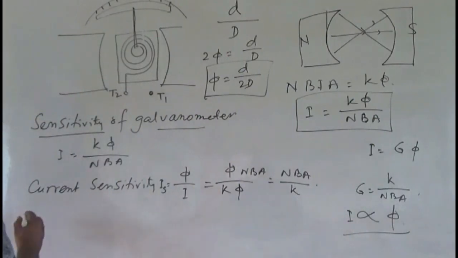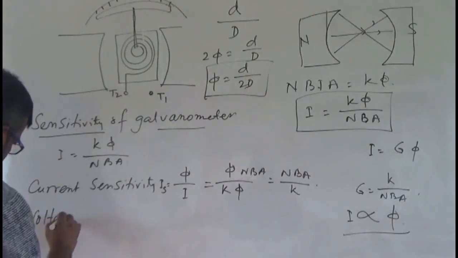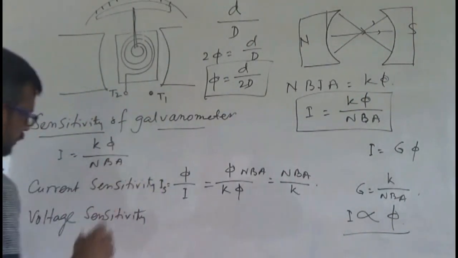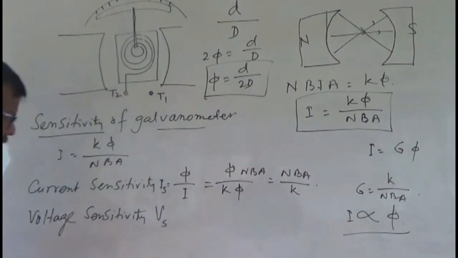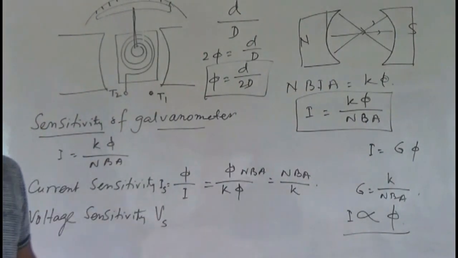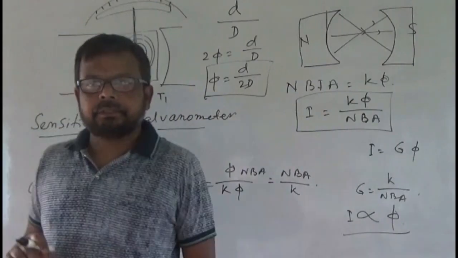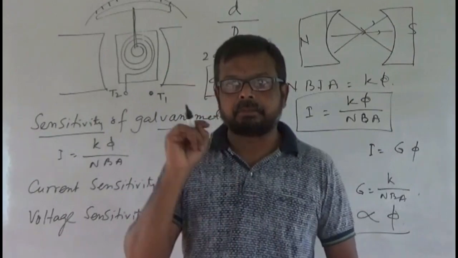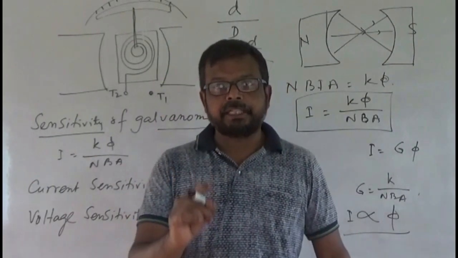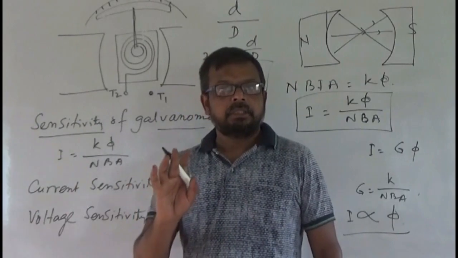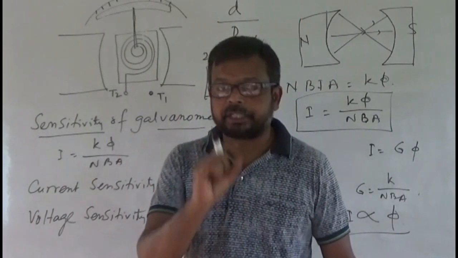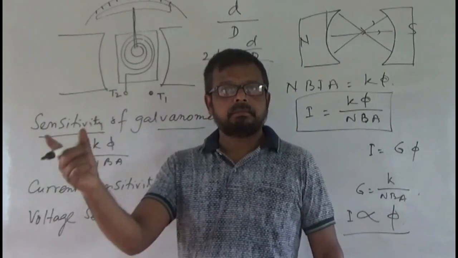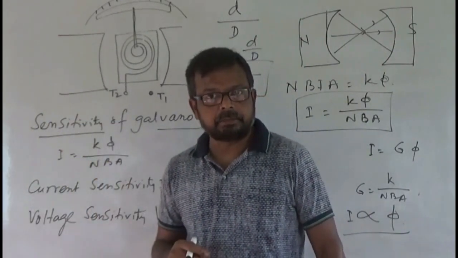Now, what is voltage sensitivity? Let us say this symbol is Vs. Voltage sensitivity of galvanometer is defined as the deflection produced in the galvanometer per unit voltage applied to it. If we apply unit voltage, that is 1 volt, to the galvanometer, then what is the deflection of the galvanometer?